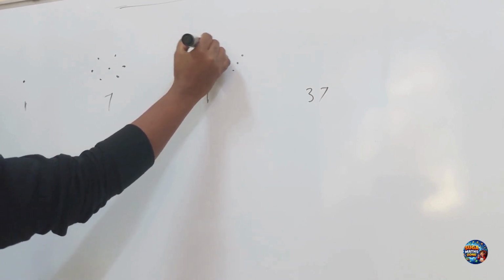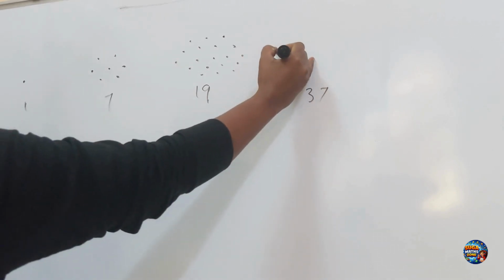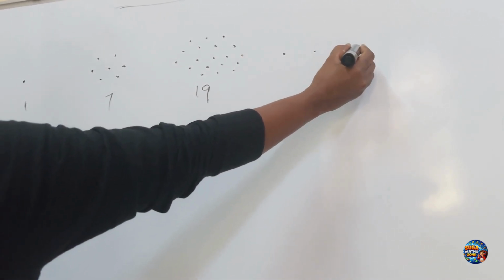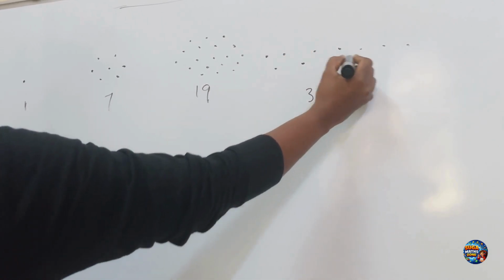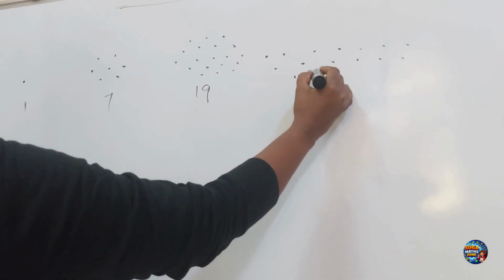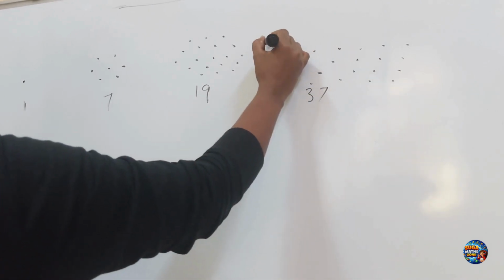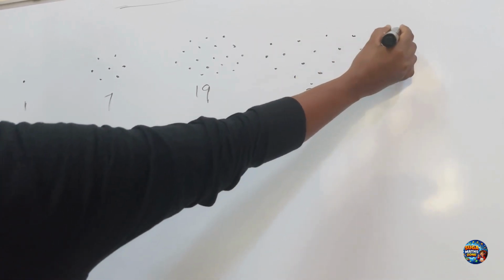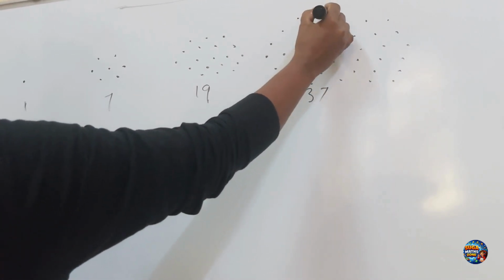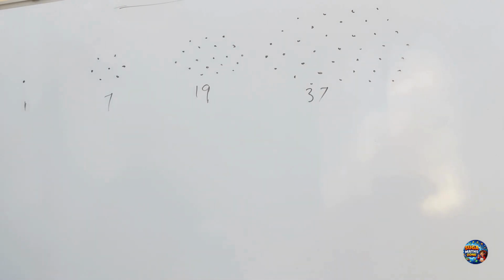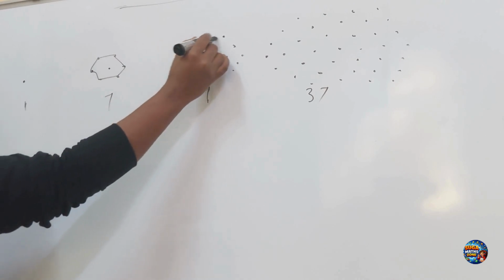Okay, you can draw these. It forms the hexagonal formations.